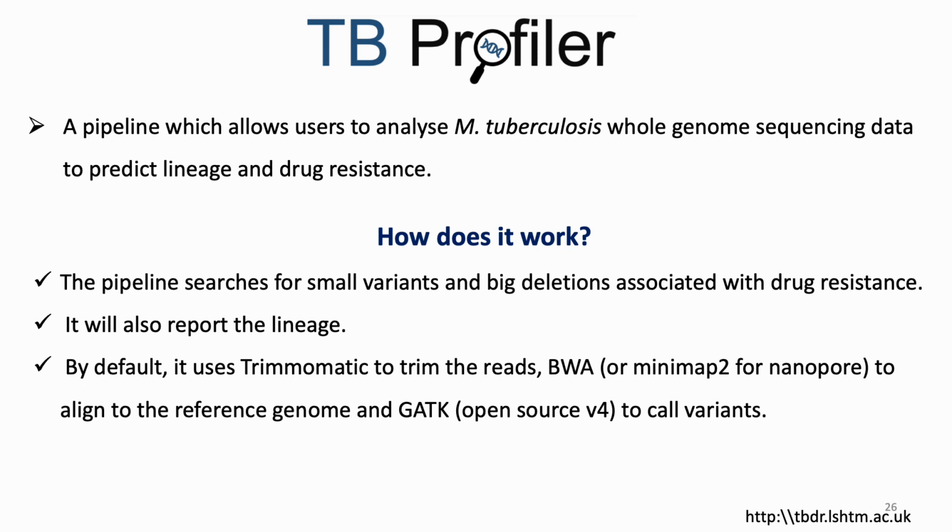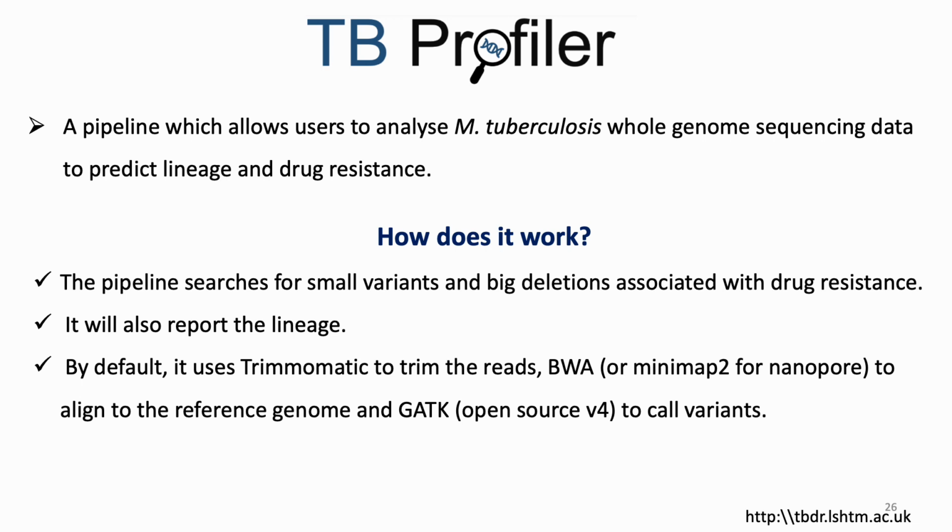TB Profiler by default uses Trimmomatic to trim the reads. It uses BWA for the mapping of the reads to the reference genome for Illumina short reads, or Minimap2 for nanopore long reads. And it uses GATK version 4 to call the variants.